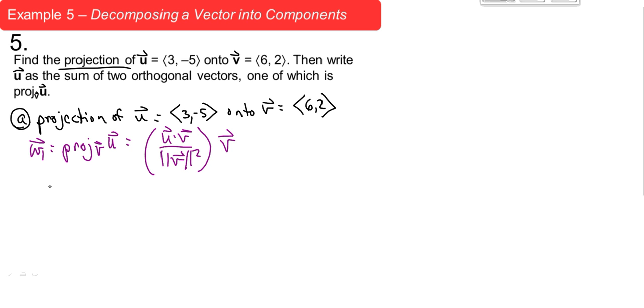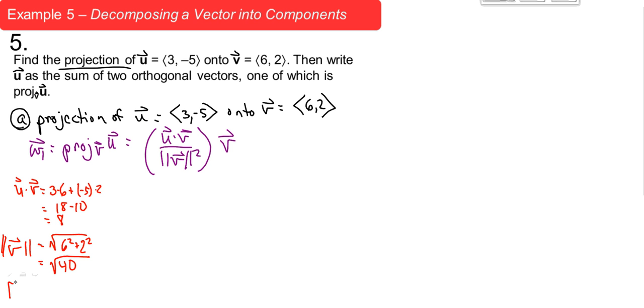So u dot v is going to equal 3 times 6 plus -5 times 2, which is 18 minus 10, which is 8. The magnitude of v is the square root of 6 squared plus 2 squared, square root of 36 and 4, square root of 40, and so the magnitude of v squared is just plain 40.